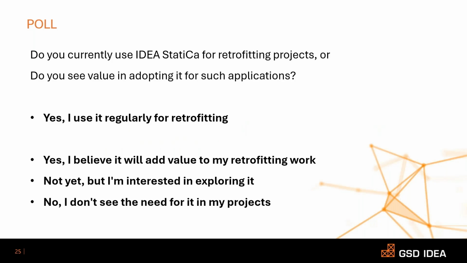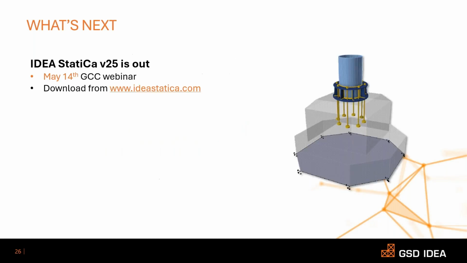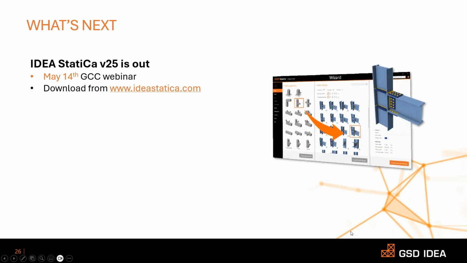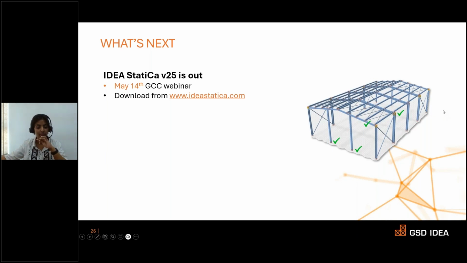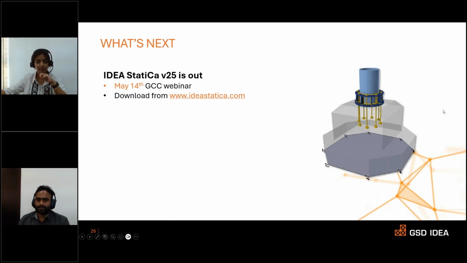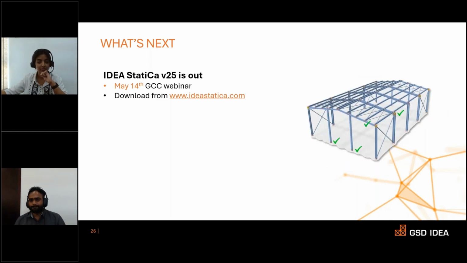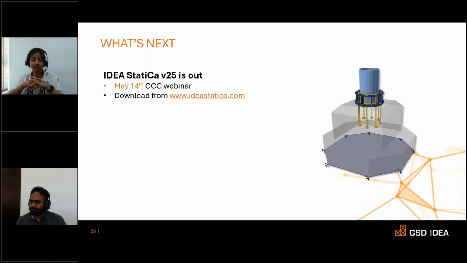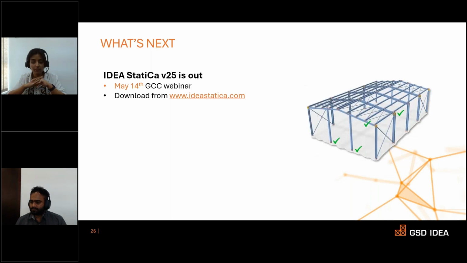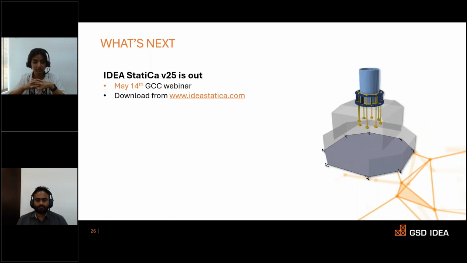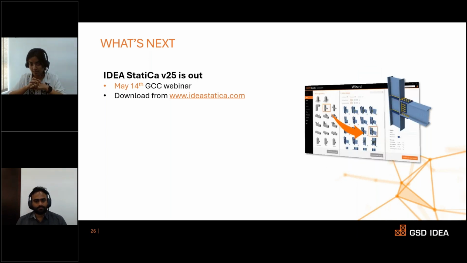Let me hide the results, and I have just the last slide with the next steps, what you can expect. If you missed that information, last week Idea Statica released version 25. It's packed with a whole bunch of features, even updated applications. If you want to speed up your design, there are more than 200 parametric templates for lightning speed designs of both simple and complex connections.